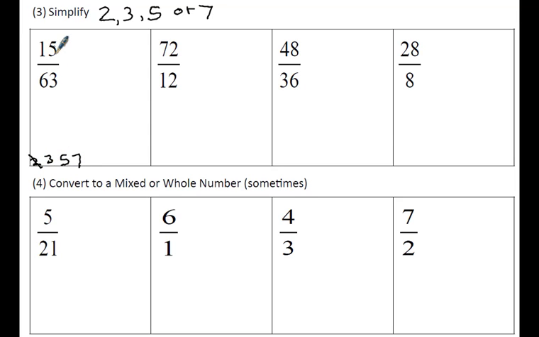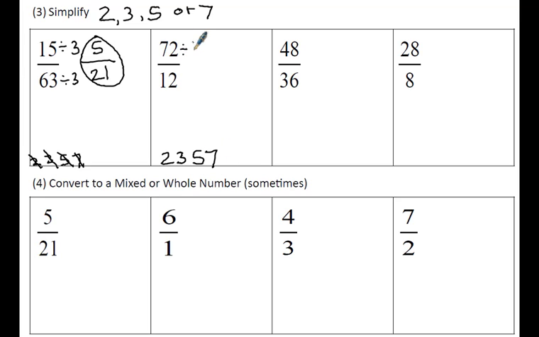But there's always a chance that more could go in. Now, they're not even, they don't end in 5 or 0, so we can get rid of 2 and 5 right away. But I do see that 3 goes into 15 5 times, and 3 goes into 63 21 times. Then I'm going to look for 7, and 7's too big, so we know that 5 over 21 is going to be that simplified answer.